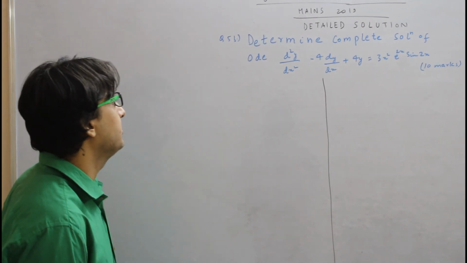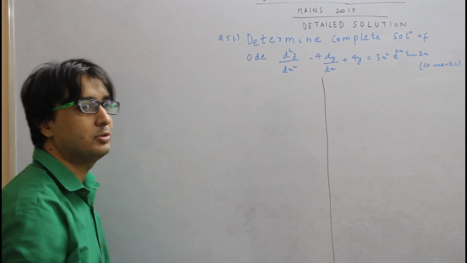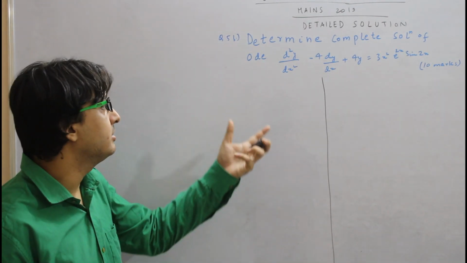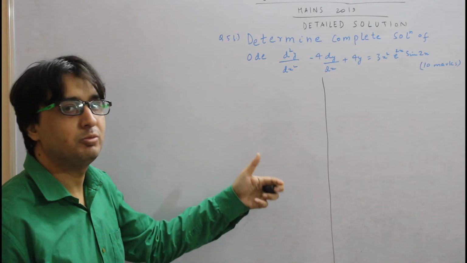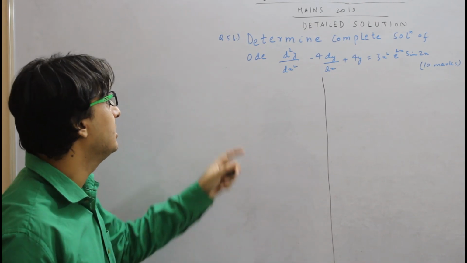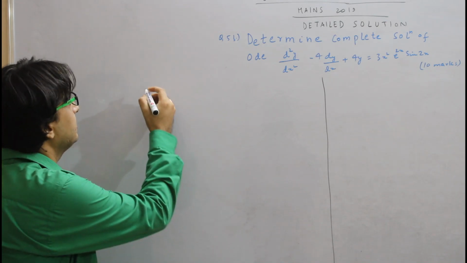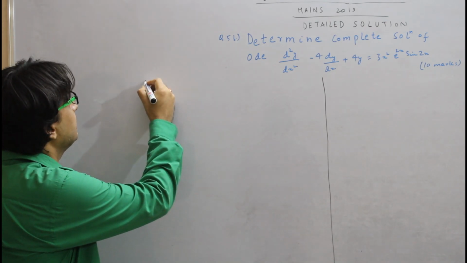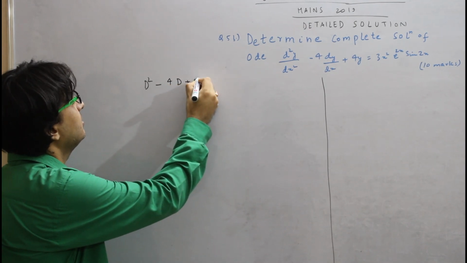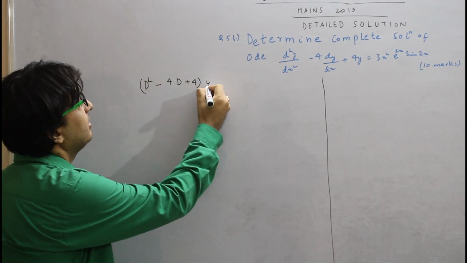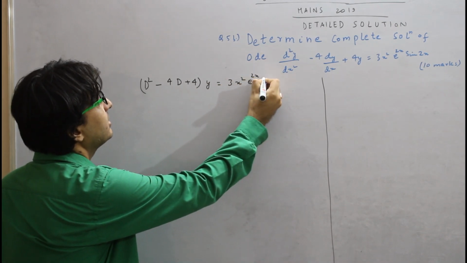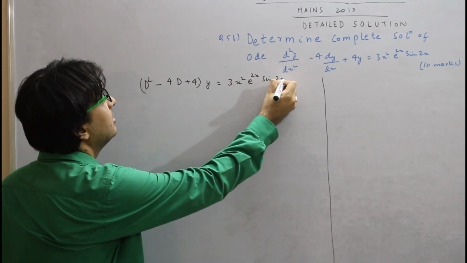So here there are a lot of ways to do this question. I think the most important one is the one which will take less time. So I am beginning with a solution, that is, we can write this as (D square minus 4D plus 4) y is equal to 3x square e to the power 2x sine 2x.